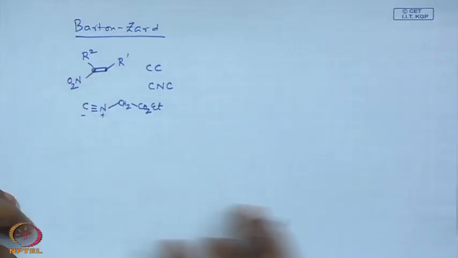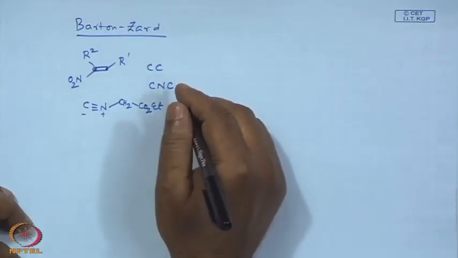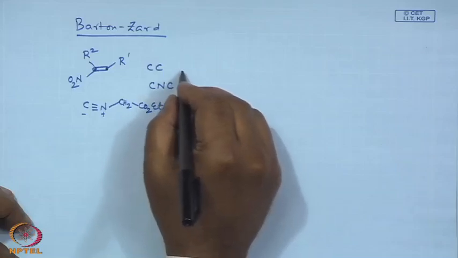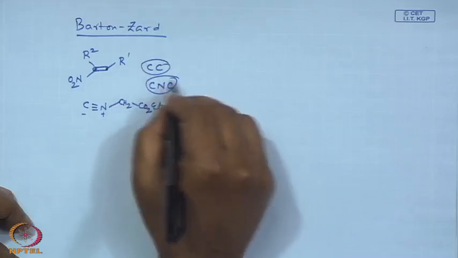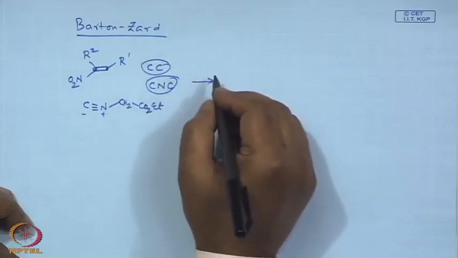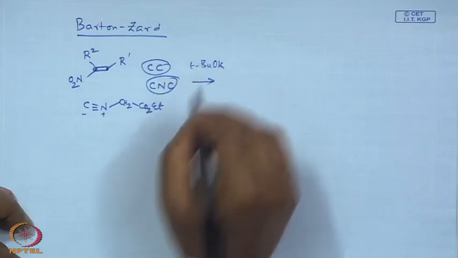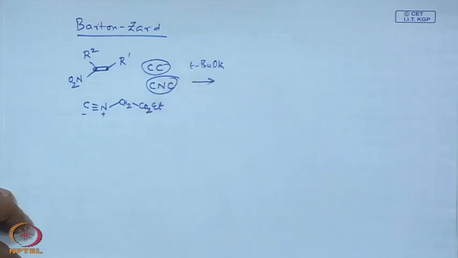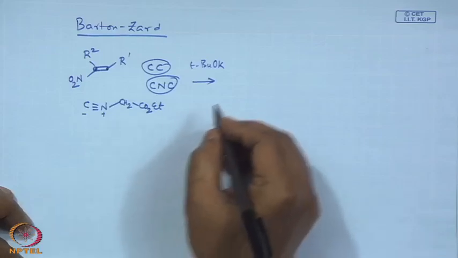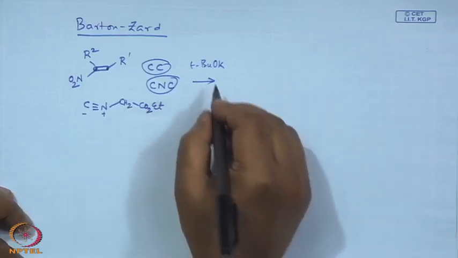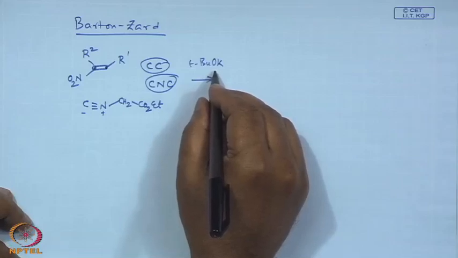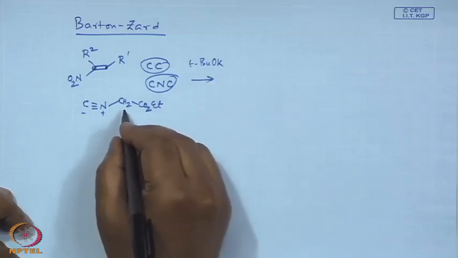So, that means the starting material is only this one, this nitroalkene. In any case, if you use a base, obviously the most commonly used, a little strong base is required, potassium tertiary butoxide. All of you can guess what happens. So, actually the base has a function to deprotonate the most acidic hydrogen.